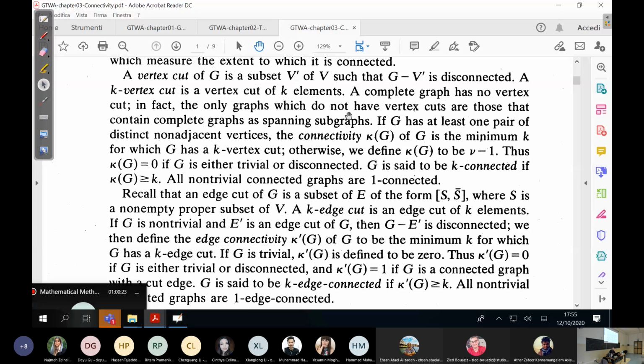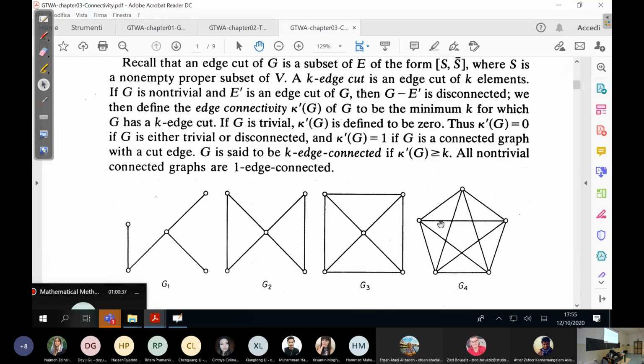In fact, the only graphs which do not have vertex cuts are those that contain complete graphs as a spanning subgraph, meaning they might not be simple graphs, meaning that they might be complete graphs plus some loops plus some multiple edges.